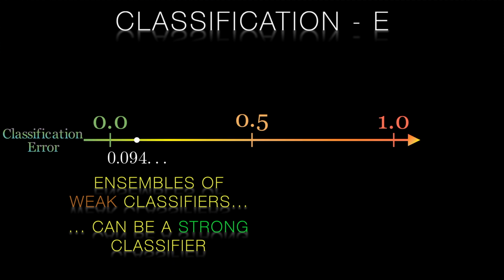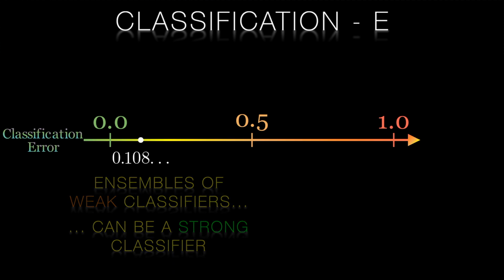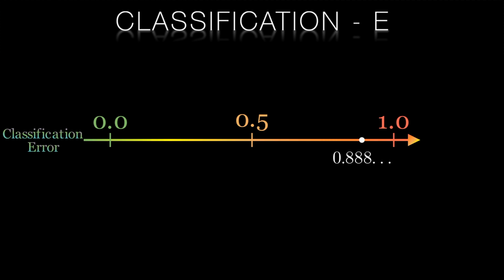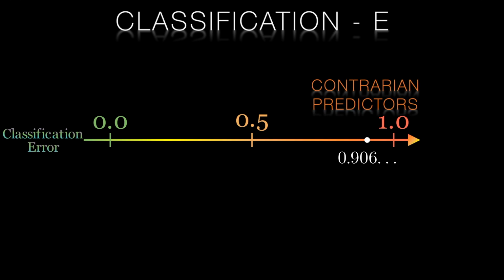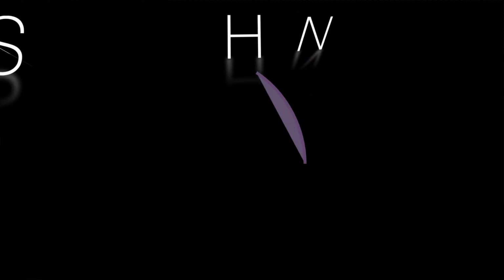The error of such an ensemble in aggregate results in extremely strong classifiers. One interesting observation for binary classifiers only is that extremely high error rates make for extremely good contrarian predictors. We simply invert the output and get the correct outcome nearly all of the time.